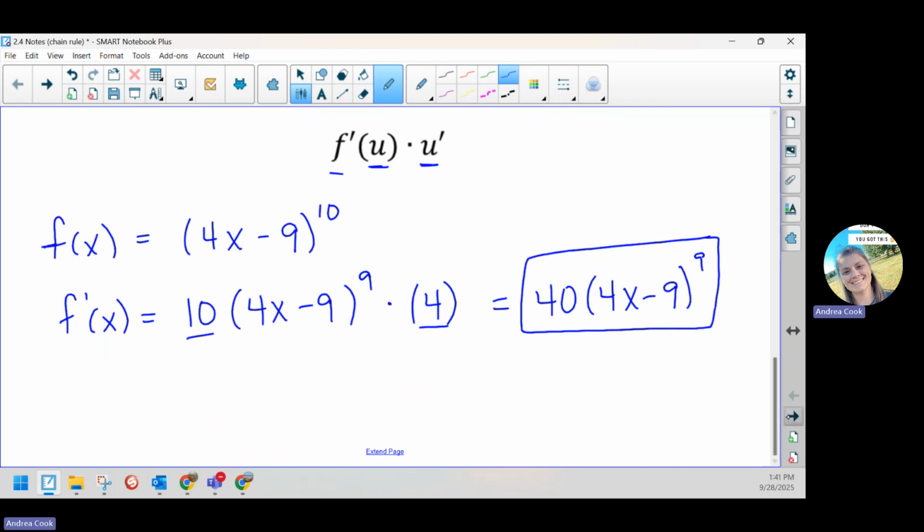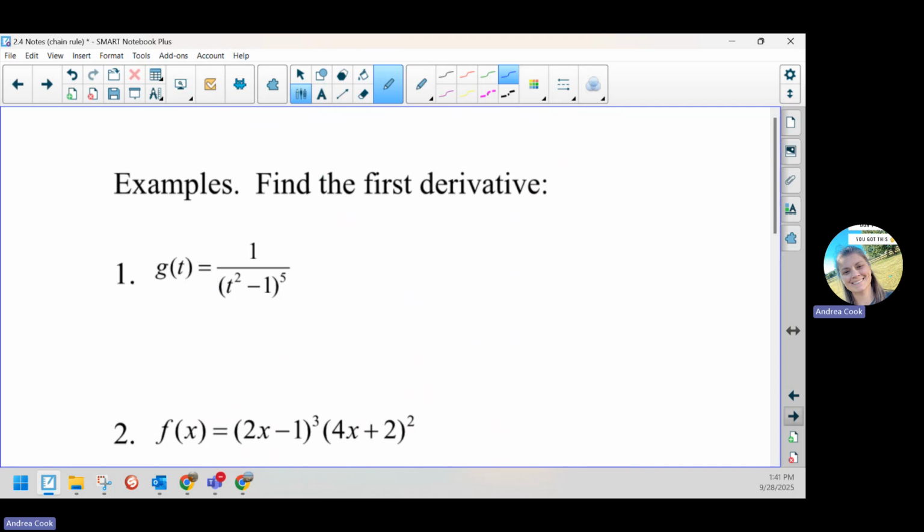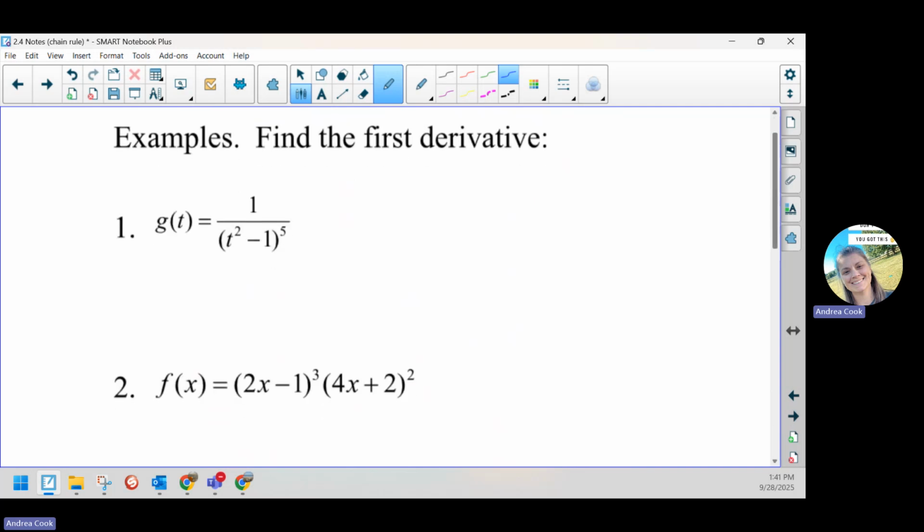Okay, so let's go through some examples here. So our first example, when I see a constant on top being divided by a function, I immediately rewrite it using negative exponents. So I'm going to change this to t squared minus 1 to the negative 5th power, because we're moving it up.